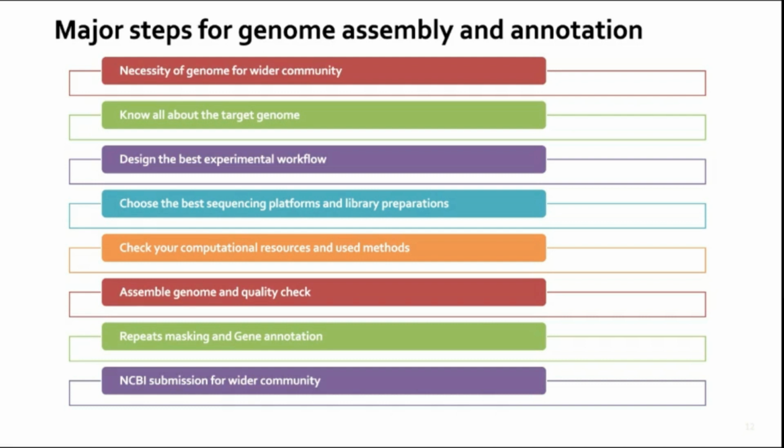They have their own algorithms to check your assemblies. If the assembly is not good, they will not take it, and if it is good, they will take it. And if any updates come for that particular assembly, you can submit them also. So that process is also important when constructing an assembly.